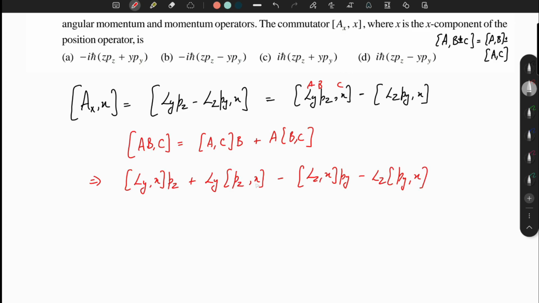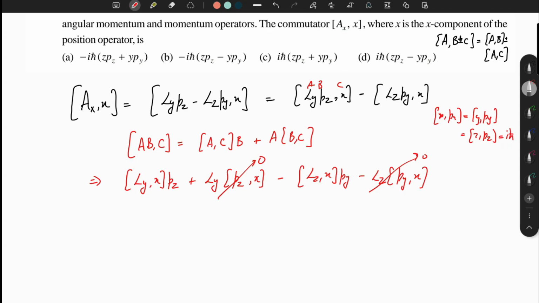Now, as we know, the commutator of Pz comma x and Py comma x will be equal to 0. So these both terms will be 0. Why? Because we know that the commutators of x comma px, y comma py, z comma pz are equal to i h cross.